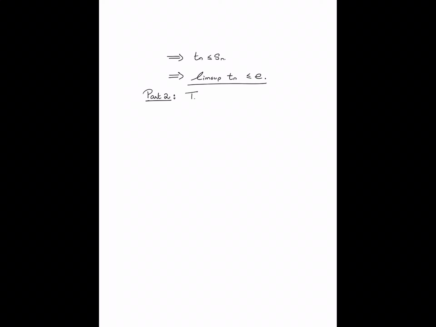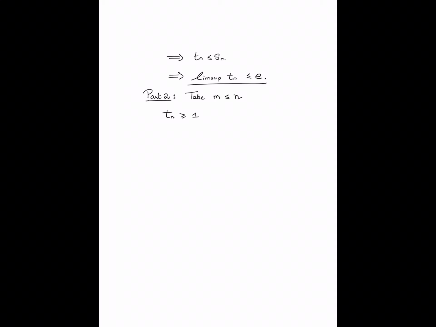What I do is I take a fixed value of m less than or equal to n. And if I truncate, because T_n is a binomial expansion, if I take only the terms up to 1 by m factorial, then I'm actually getting myself a lower bound on T_n. So T_n, I'm just going to rewrite the bound, but I'm going to only retain a subset of the terms that we had before.